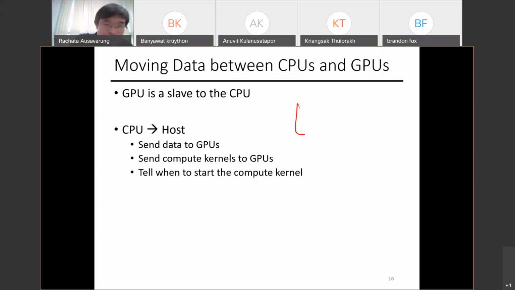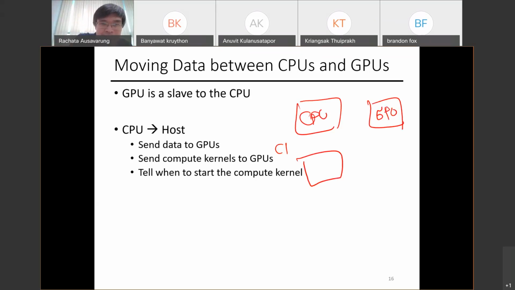Basically, you have the CPU, you have the GPU, you have the CPU memory, and you have the GPU memory. This is separated by your friendly PCIe interface.